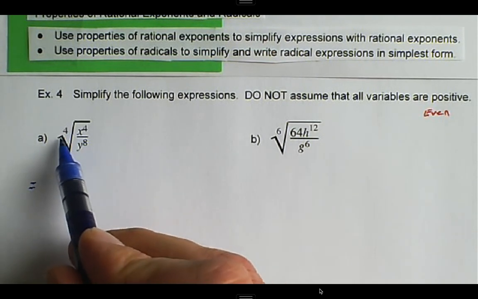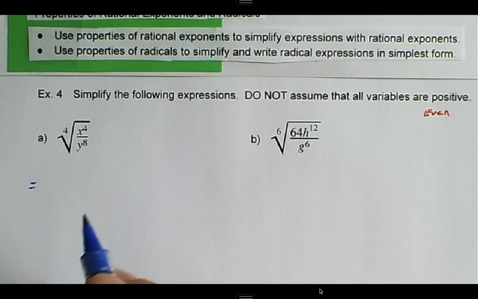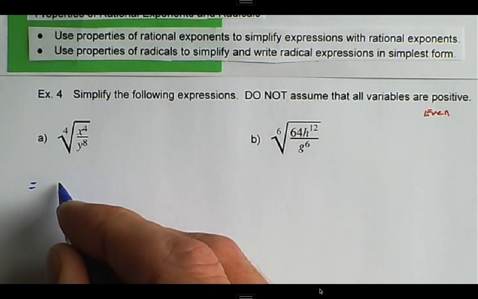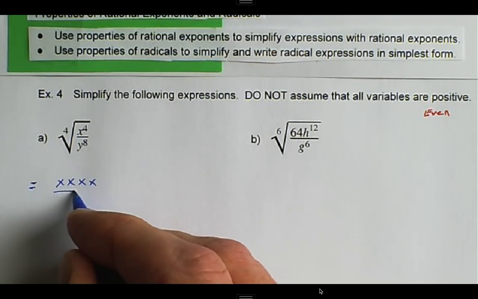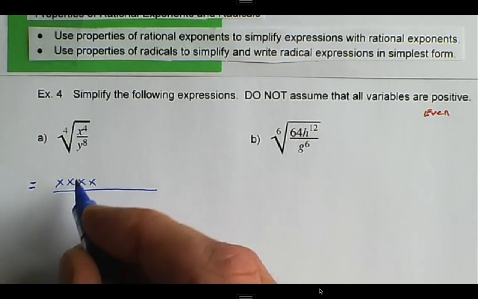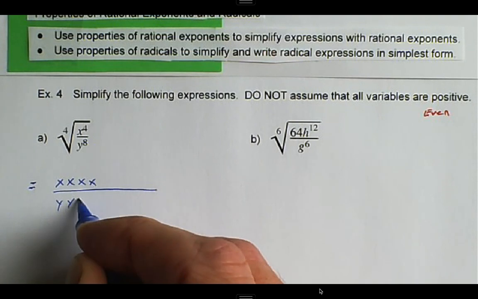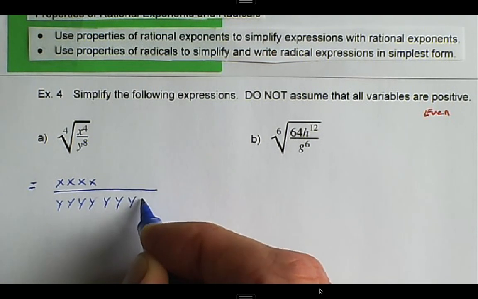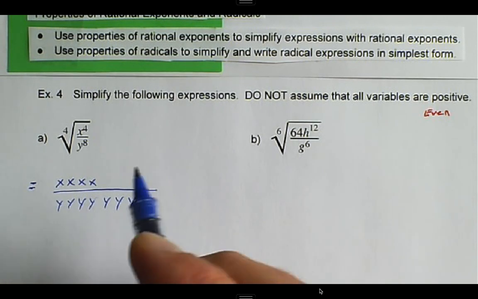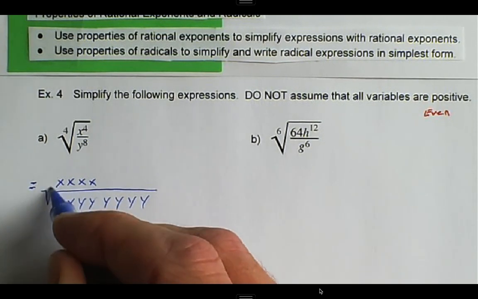So we have to have sets of whatever that number is, so we need sets of 4. In the numerator we have x times x times x times x, and in the denominator we have y times y times y times y times y times y times y times y. And that's still under the fourth root.